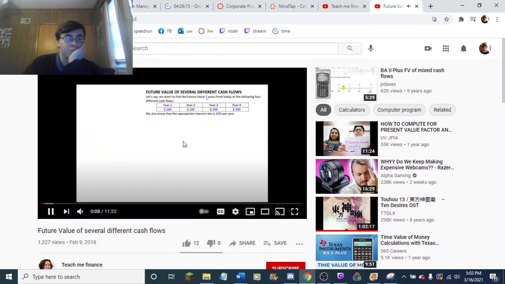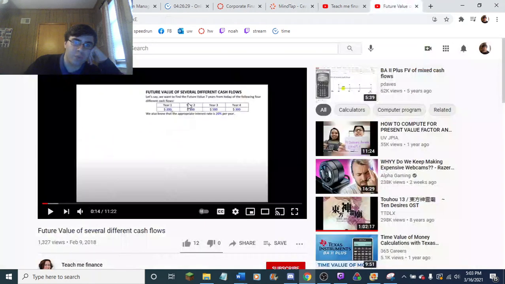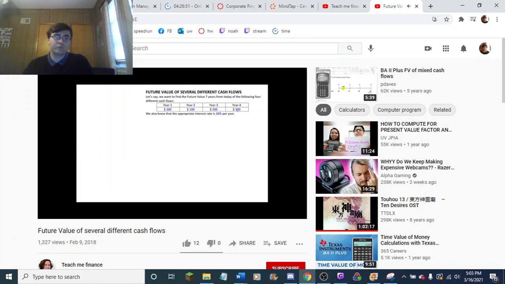Let's say we want to find the future value 7 years from today of the following 4 different cash flows. $200, $100, $500 in year 3, and $300 in year 4. We also know that the appropriate interest rate is 20% per year.